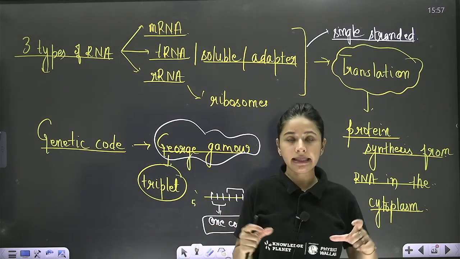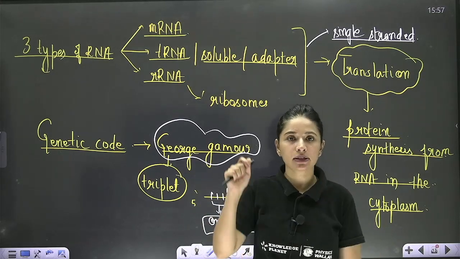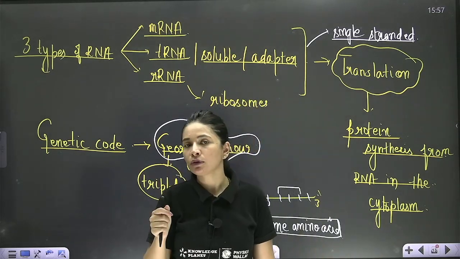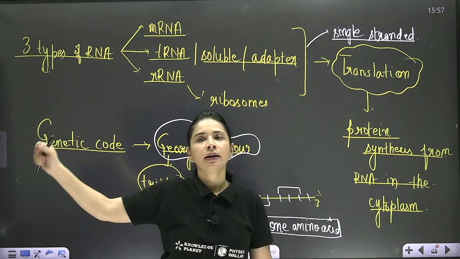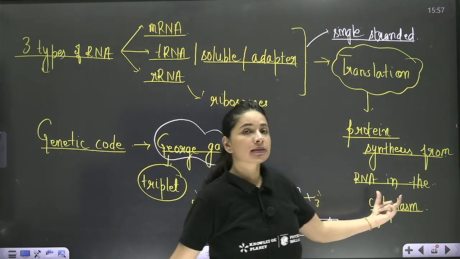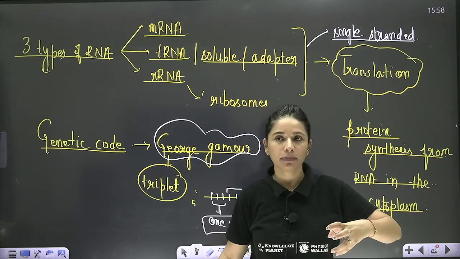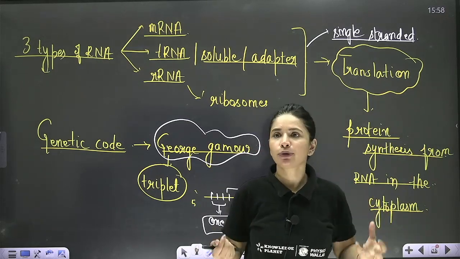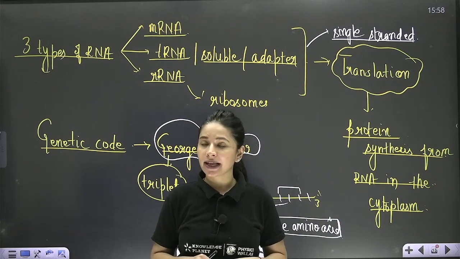Triplet means 3 nucleotides in a row on the mRNA chain make one codon, and that one codon is responsible for coding one amino acid. Clear? And then came translation, where protein synthesis takes place, and ultimately those proteins are responsible for controlling your phenotypic expression.